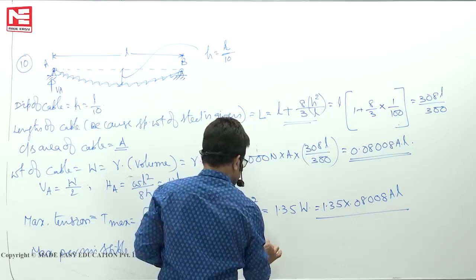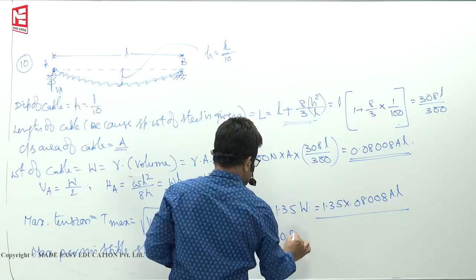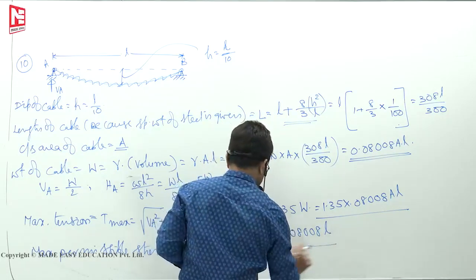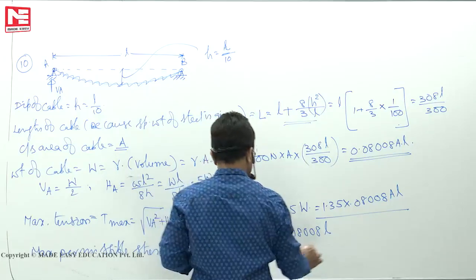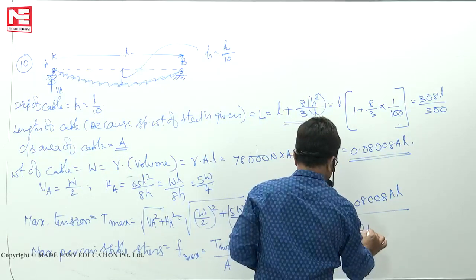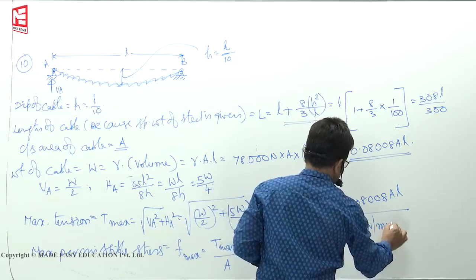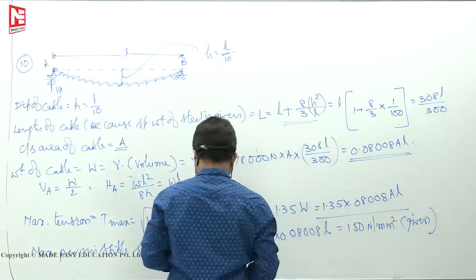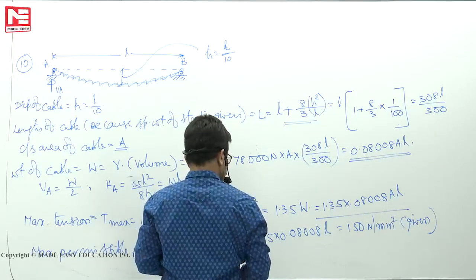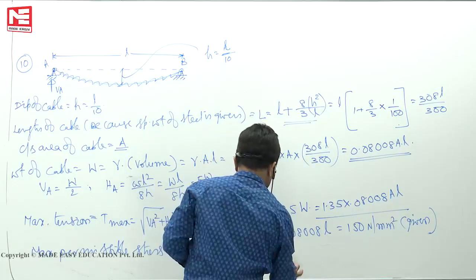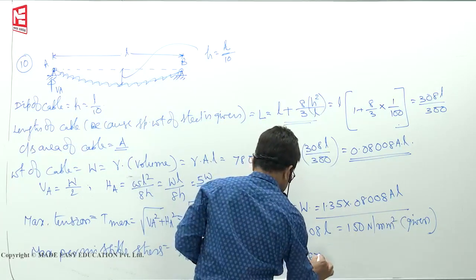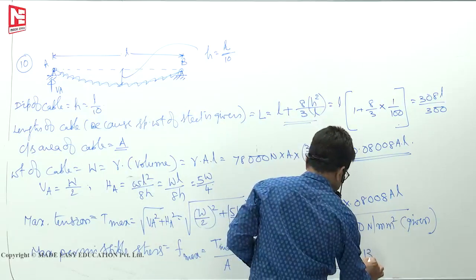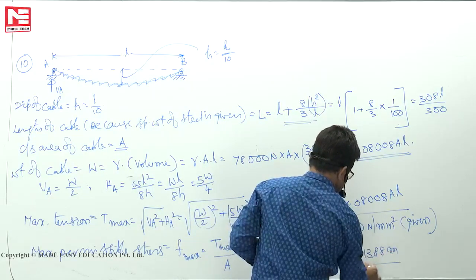So you will get 1.35 into 0.08008 into L. This is the maximum stress. Its value is given as 150 newtons per mm square. So from this you will get length 1387.5 meters. Round it off to 1388 meters.